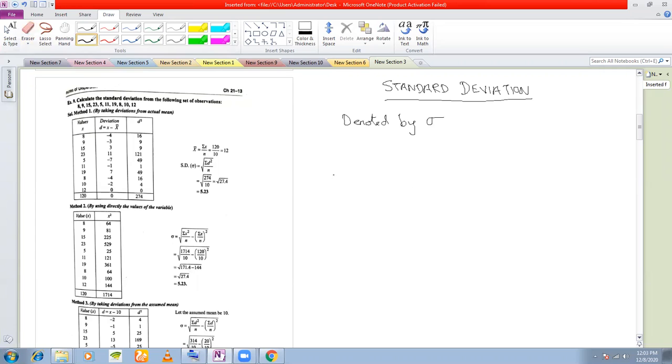And in this, we also define another term called the variance. Variance is the square of standard deviation, which is sigma square. Remember, the square of standard deviation is called variance.